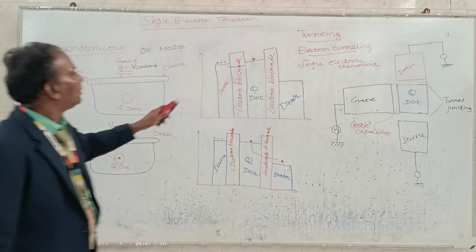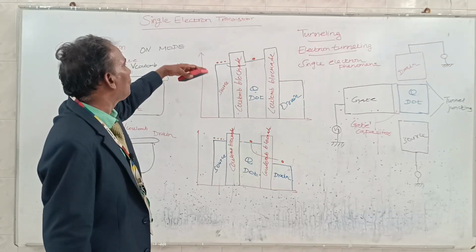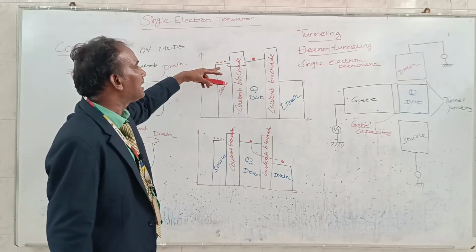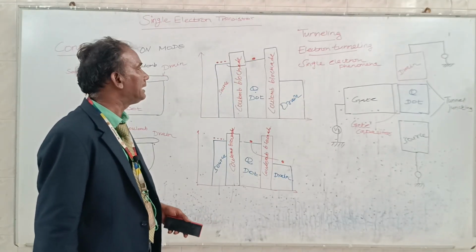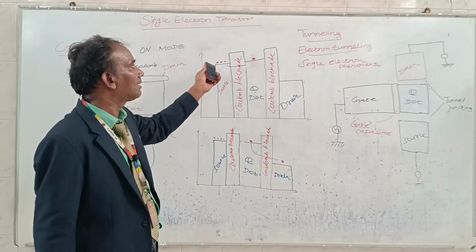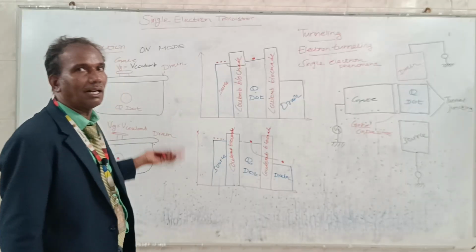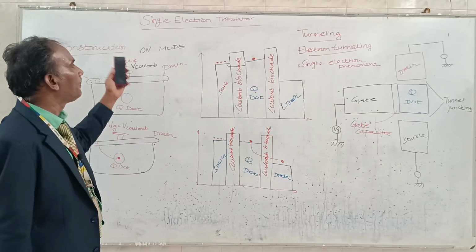So at the initial stage, in the off mode, the energy level of the quantum dot is equal to the energy level of the source. This is not energetically favorable, so electrons will not move from source to quantum dot. Then in the on mode, what will happen?